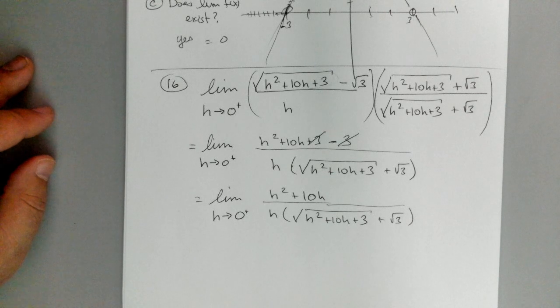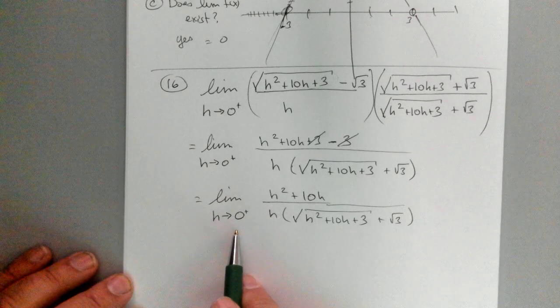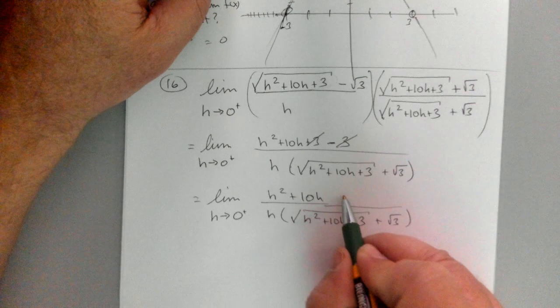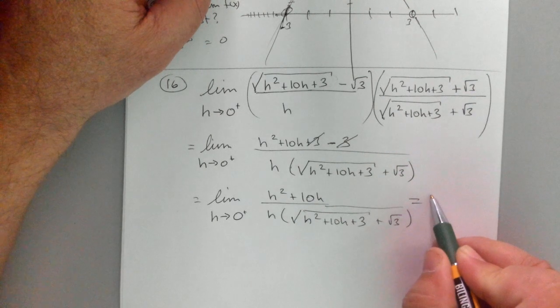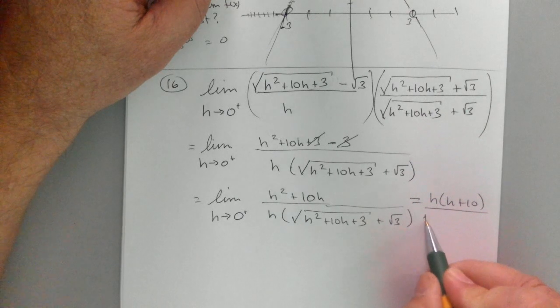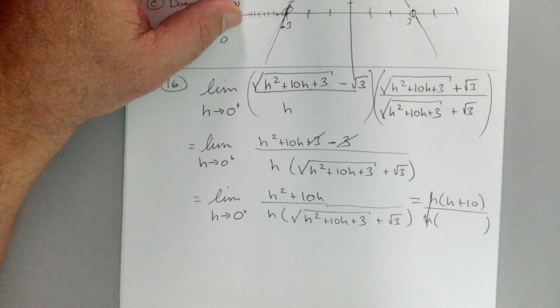Next step. Factor out the h in the numerator and cancel it with the denominator, because we have to get rid of the 0 factor, which is the h. We have h plus 10, the h's cancel.